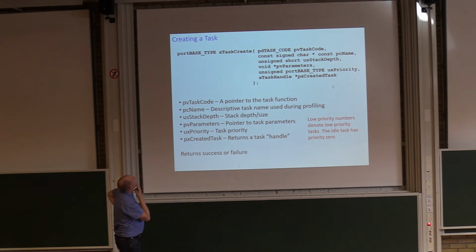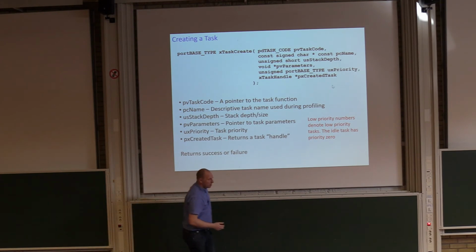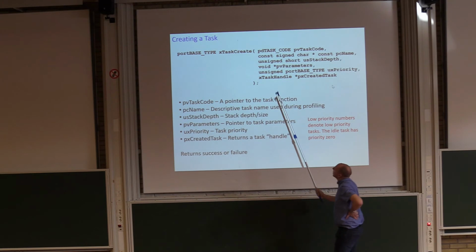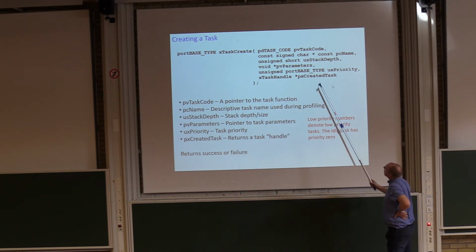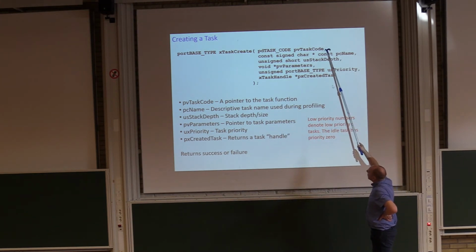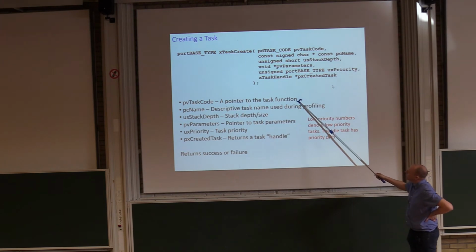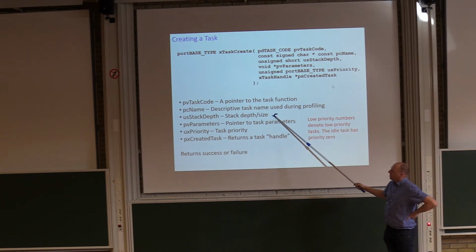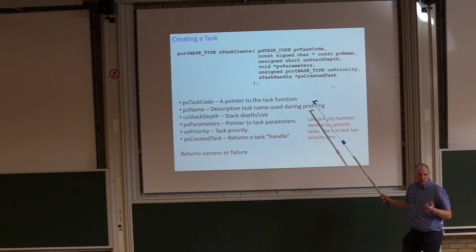Yeah, so this was what it looked like to create a task. The first argument here was the pointer to the task function, and then the second was the task name, used for debugging. We also need to set the stack depth for each individual task.